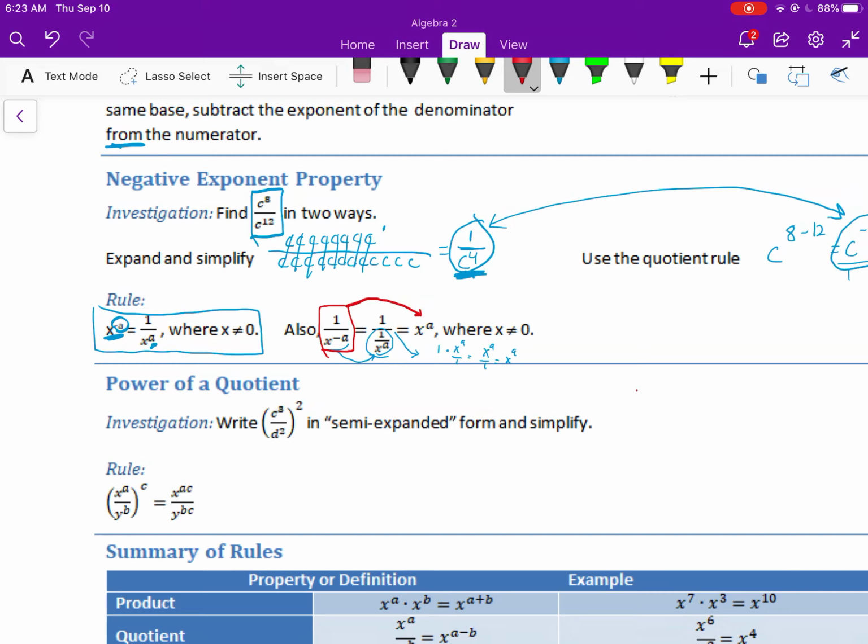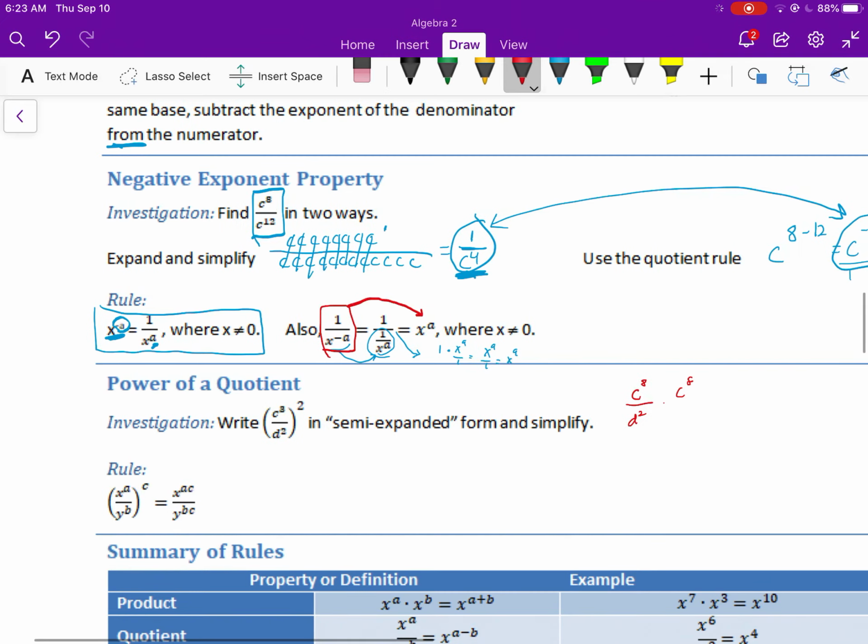So c to the 8th over d squared, the whole thing squared, is going to be multiplied by itself. Right? That's what squared means. And then we simplify. Well, this is c to the 8 plus 8 is 16, and this is d to the 2 plus 2, so 4.